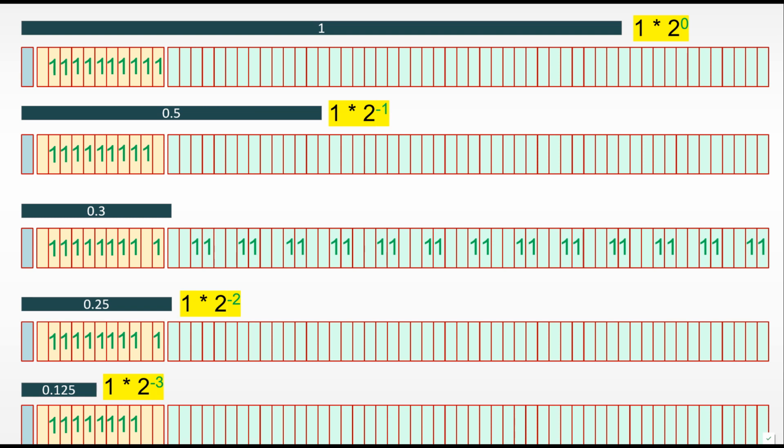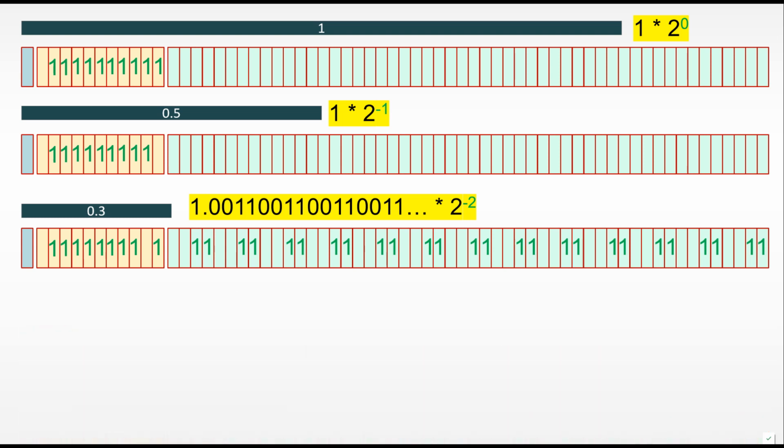This is, in fact, a number which does not end. So if we need to represent this number in binary, we would run out of significand again. So we would be rounding things off. And the moment when we start rounding things off, we start getting strange numbers. So 0.3 would not be equal to 0.3, it would be an approximation of that number.